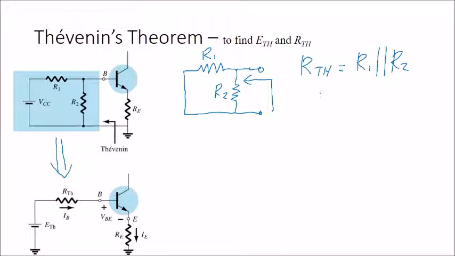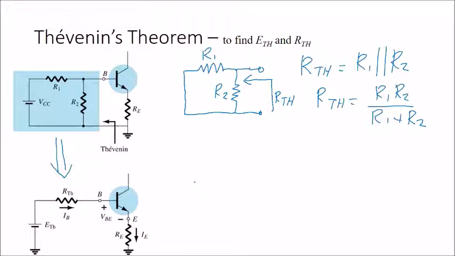The calculation will be R1 times R2 over R1 plus R2. This is for the R Thevenin. So the total RTH looking from here is R1 times R2 over R1 plus R2.